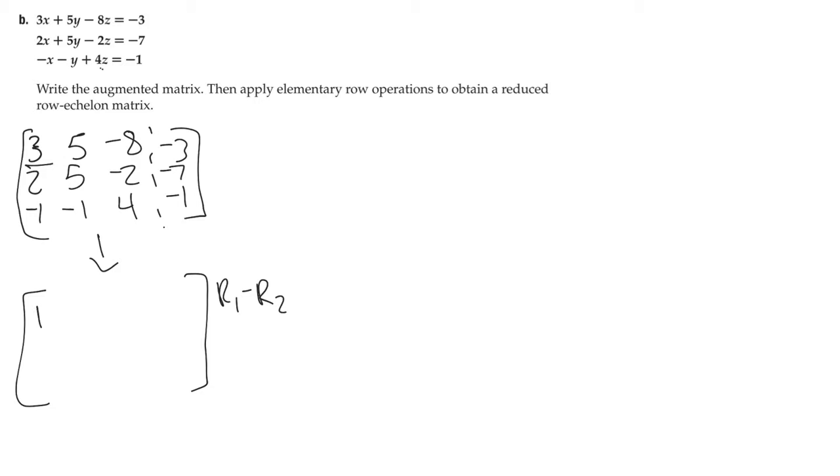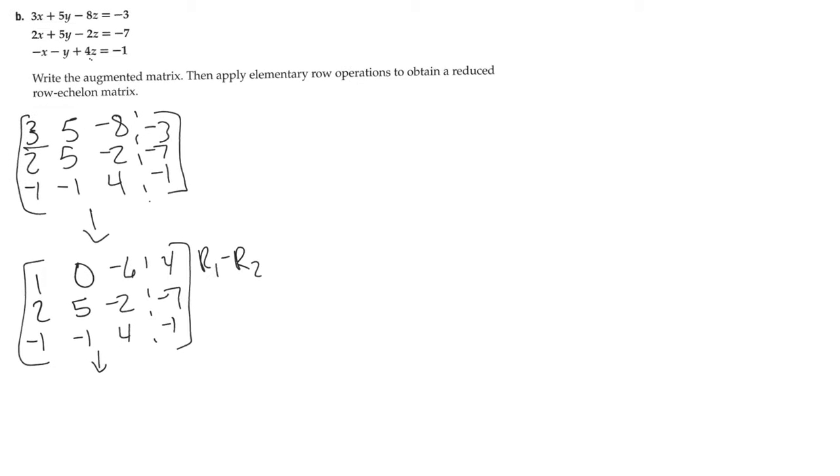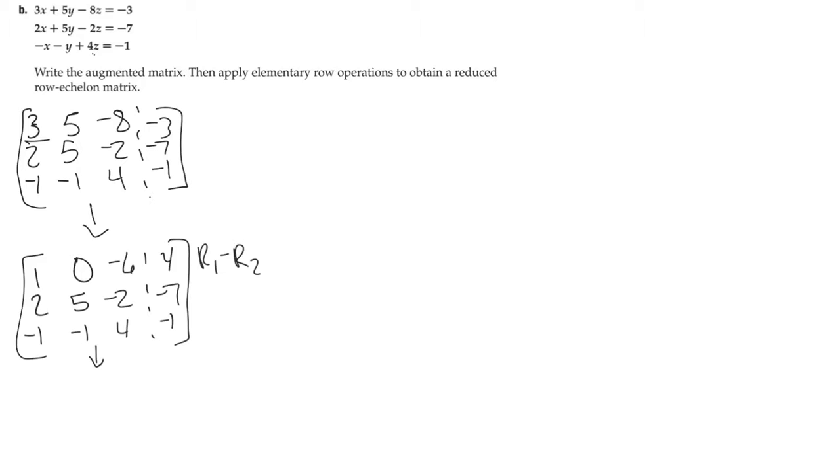That's gonna give me a 1, a 0, -6, and a 4. And then row 2 is the same, and row 3 is the same. Hopefully follow along with that one. I am doing a little bit less steps now that we're getting into the swing of things, and hopefully you guys will be able to start navigating this on your own.